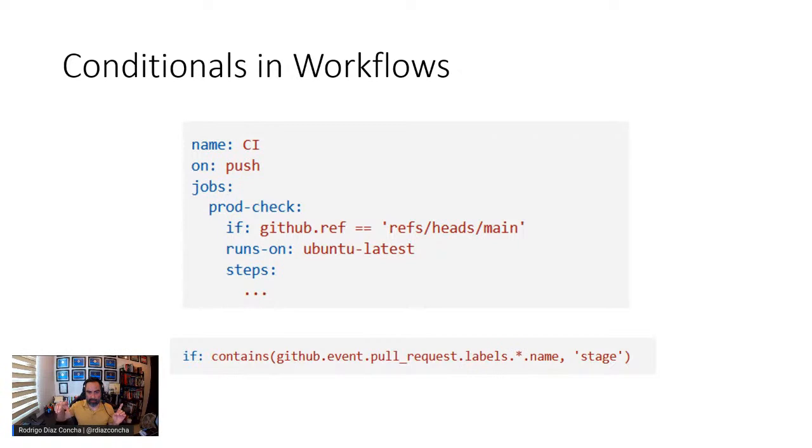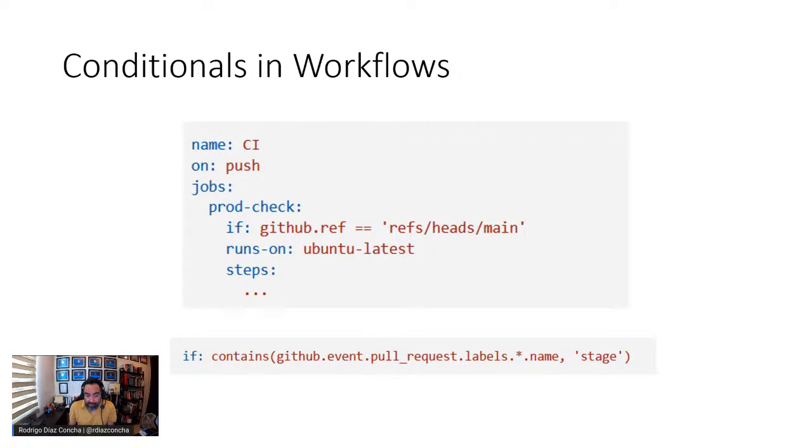If contains, please take care of this, okay? Contains is a function that you can use inside your YAML file. There are so many different functions that GitHub Actions understands, and contains is just one example.